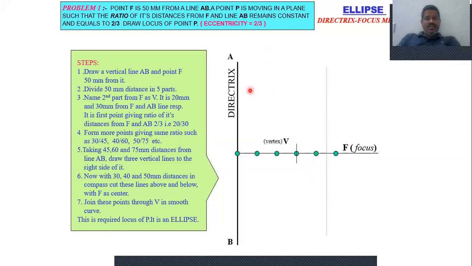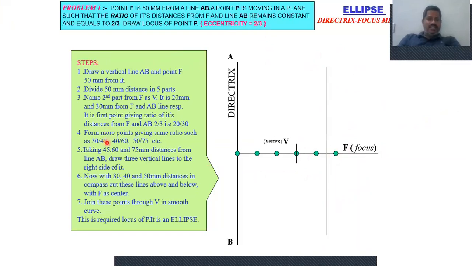Now we need to draw the vertical lines after the vertex point, rightwards, in such a way that the ratio is 2/3.